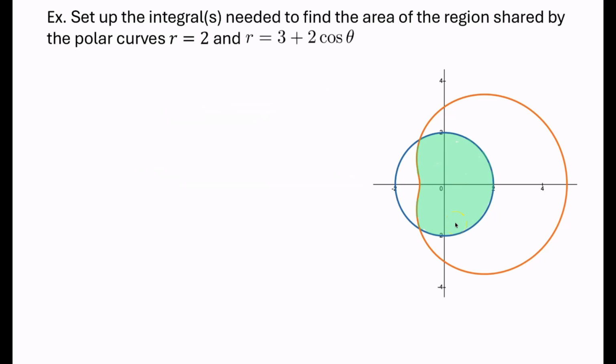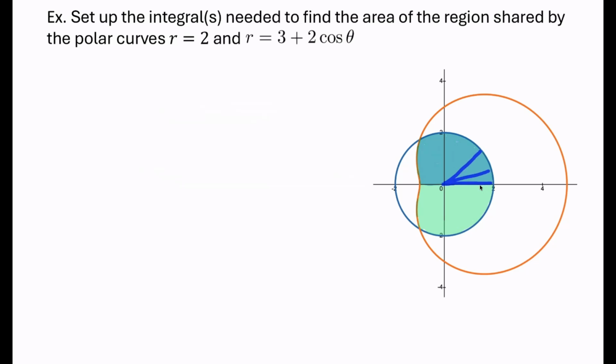Hopefully we can identify, just like with the last one, that there is some symmetry that we can use to our advantage. We can go ahead and find just the area on the top half and then double it. So there's symmetry over the horizontal axis here. I've gone ahead and shaded the region we're going to focus on, finding the area of, and then we'll double that region. To find the area, we're going to start at the angle 0, and we're going to think about creating those sectors.